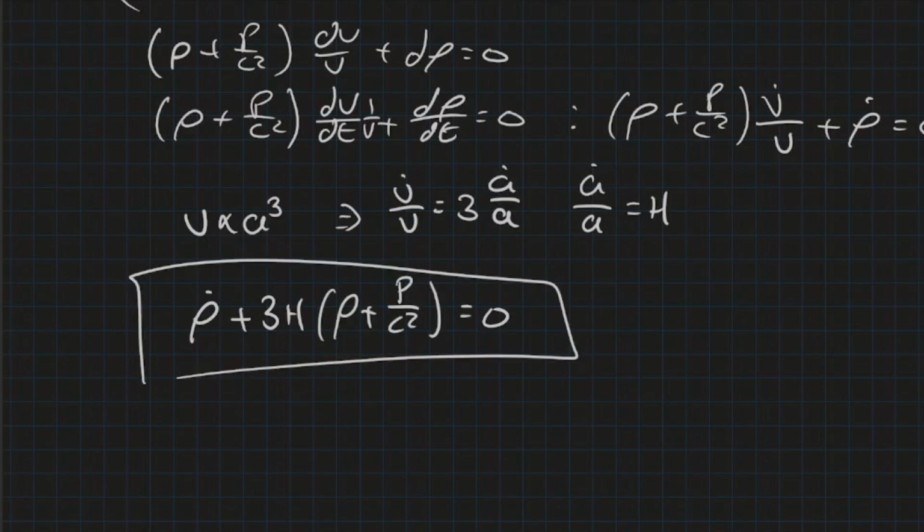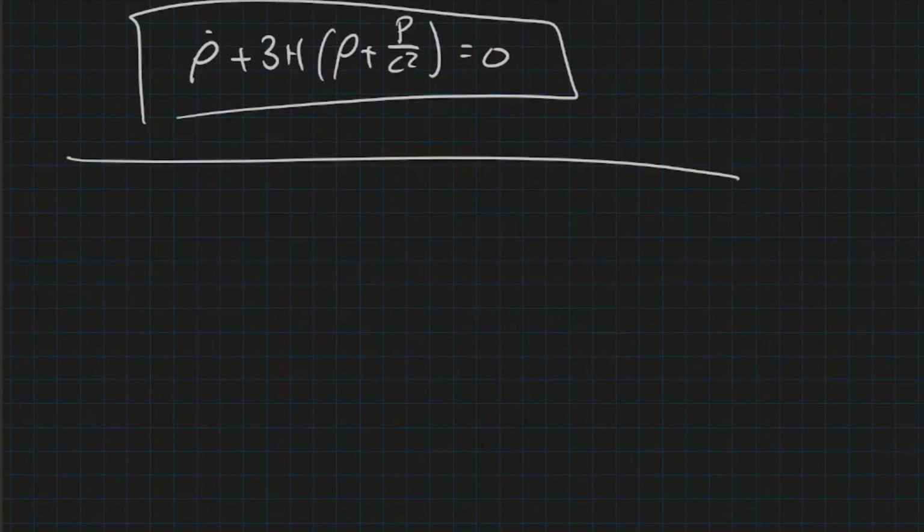This equation will tell us how the density of different constituents of the universe changes as the universe expands. To solve this equation, we need an equation of state for the fluid of the universe.